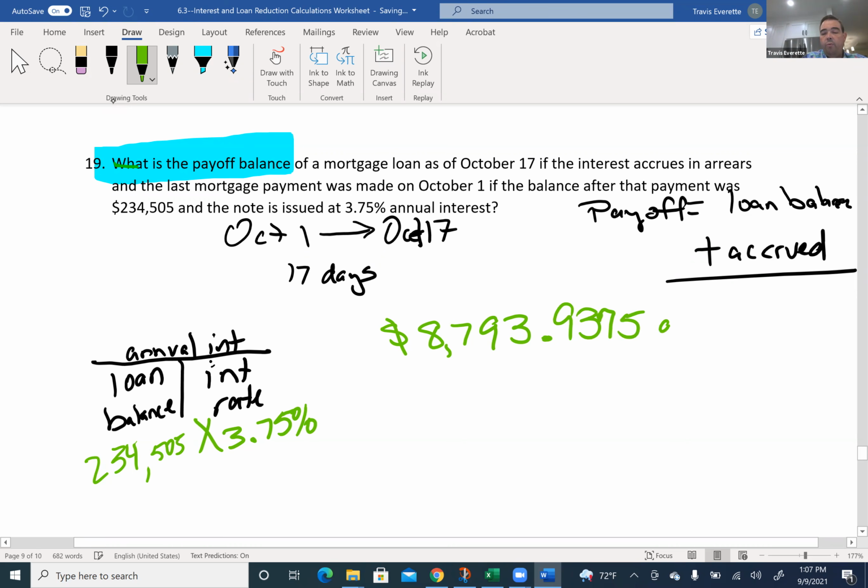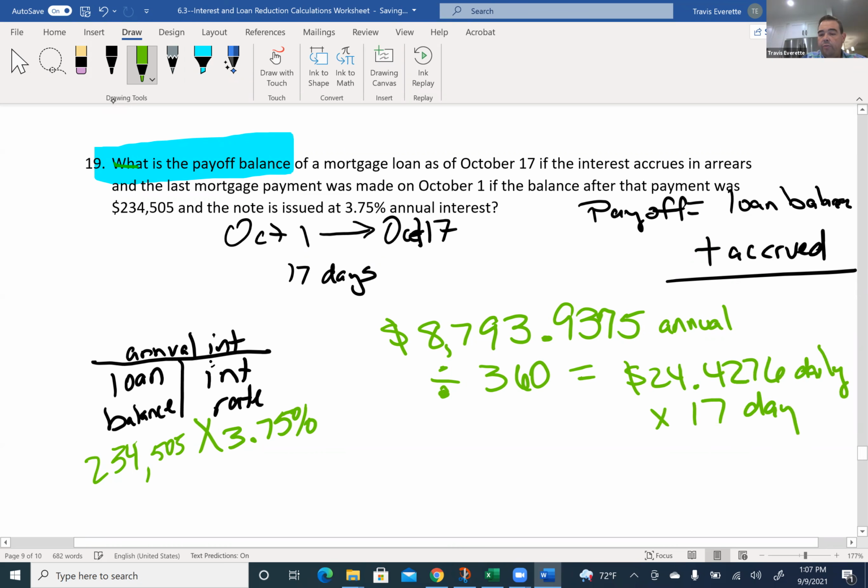which is annual. And we want to divide that by 360 because we want 17 days' worth. And that gives us 24.4276 daily times 17 days.